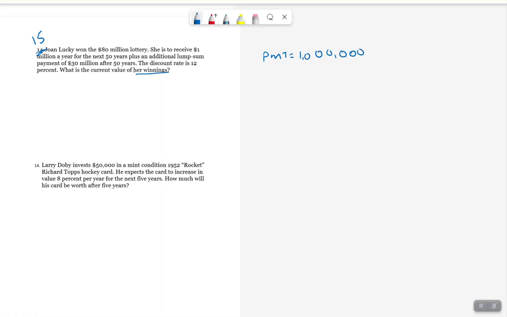How many payments? 50 years, so 50 payments. Your I/Y is 12%, and your future value is 0. You're going to compute your present value.